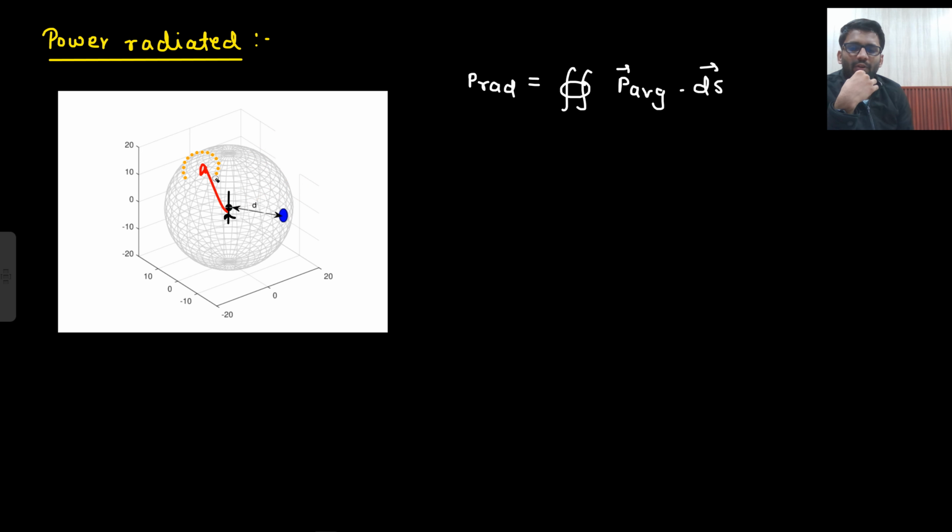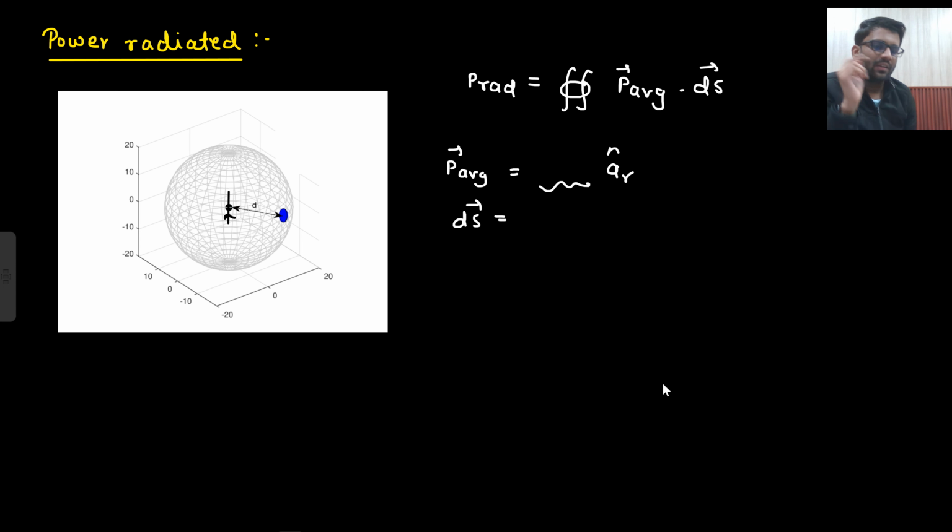So always by default you need to remember this thing, that by default I will assume a spherical surface, and for a spherical surface I just told you which ds we need to take, because what is our P average? Our P average, whatever the magnitude is, is in the direction of a_r cap. So if I need to take ds, what would that be? It has to also be in the direction of a_r cap.